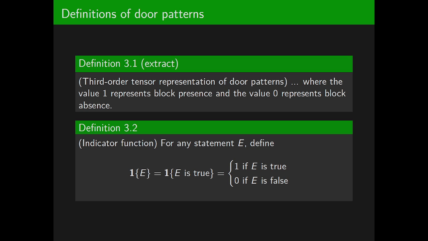Now, this is a case-defined function. If E is true, then the indicator function gives you 1. But if E is false, it can only be true or false, then the indicator function gives you 0. So yeah, that's what an indicator is, basically. If it's true, it gives you 1. If it's false, it gives you 0. So, there you go. Nothing special here.